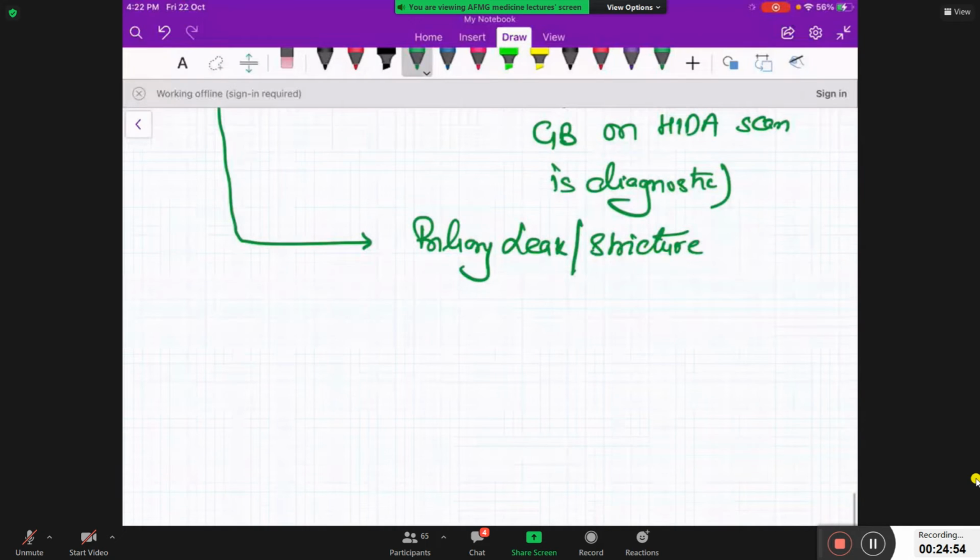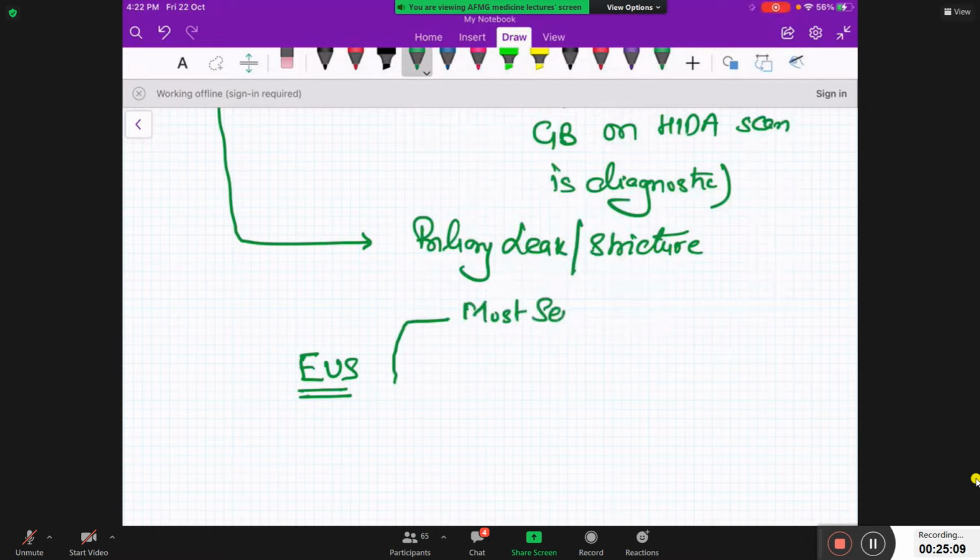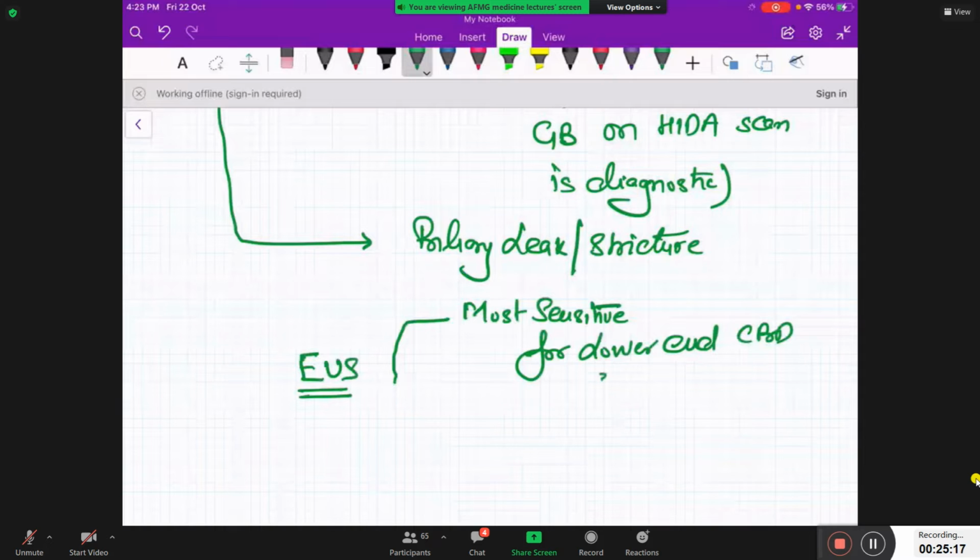Then comes endoscopic ultrasound. Endoscopic ultrasound is the most sensitive investigation for lower end CBD stones.